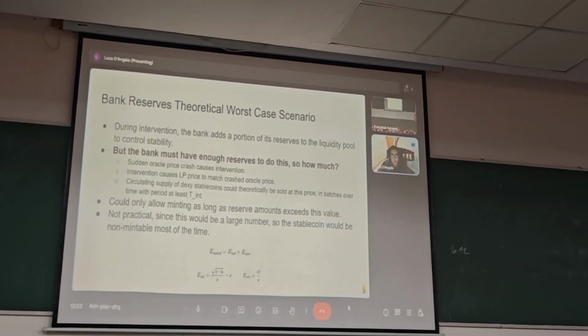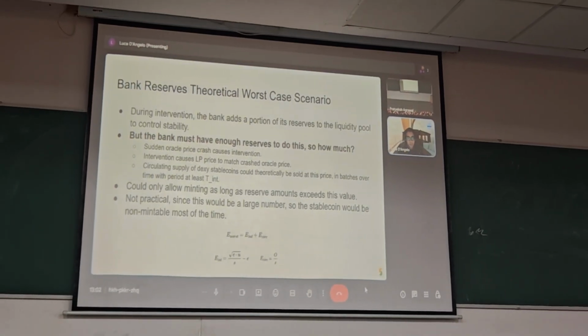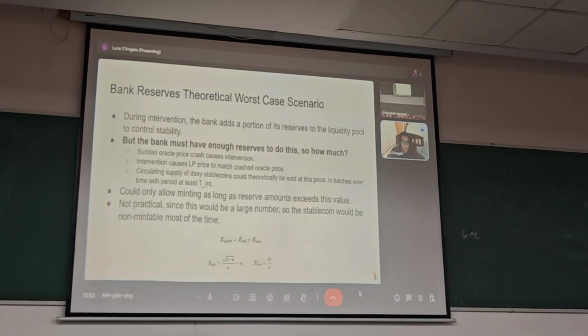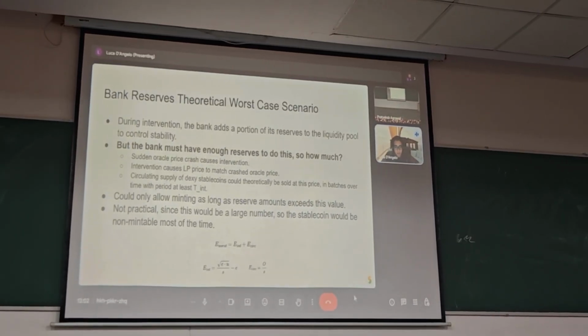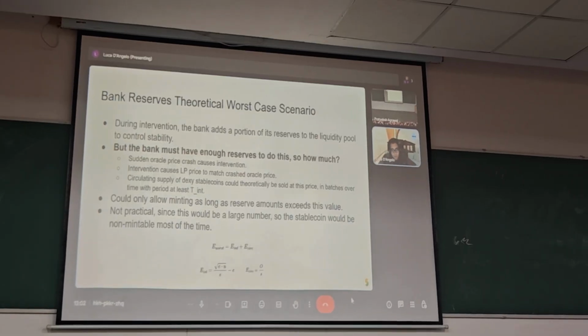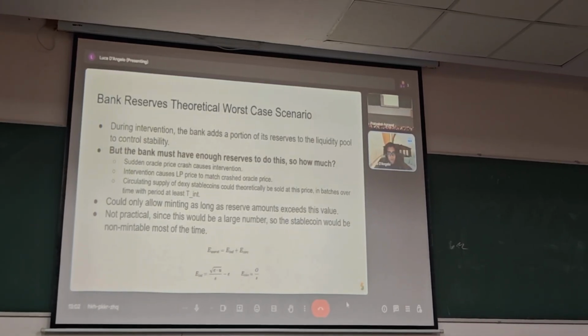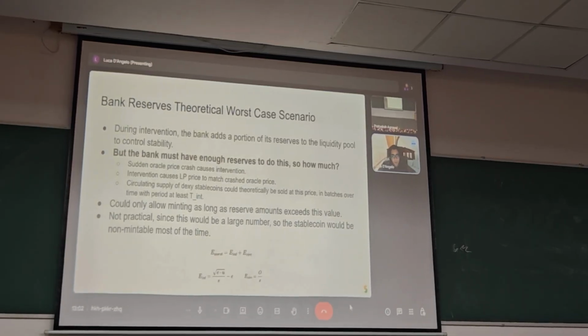So if you want to know the worst case scenario of base coins you would want in the bank, it would be the sum of these two values, E sub intervention: the amount that's needed for the bank to intervene in the liquidity pool to lower the price, as well as the amount corresponding to the circulating supply of stablecoins.